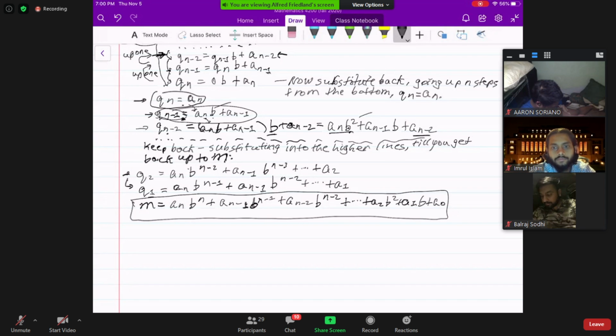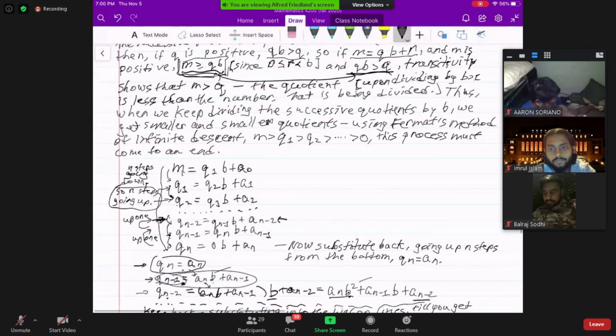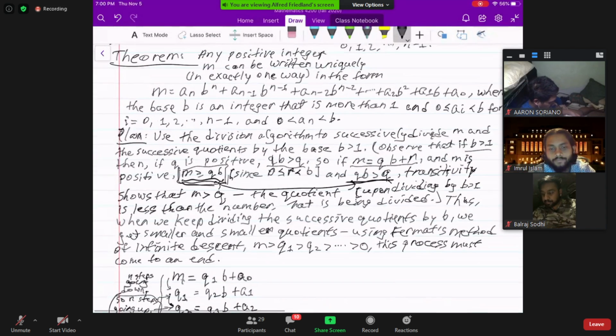They could all be zero, but the first one, again, you're not going to start out with a zero. So A sub n itself must be, as we said in the statement of the theorem, greater than zero, not equal to zero, because you don't start a number with zeros on the left.